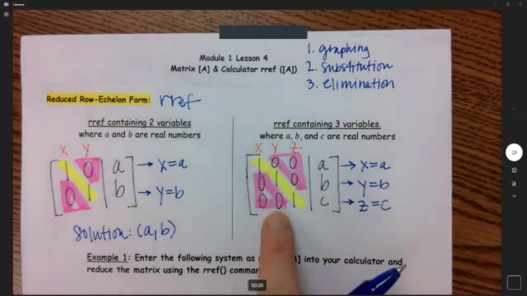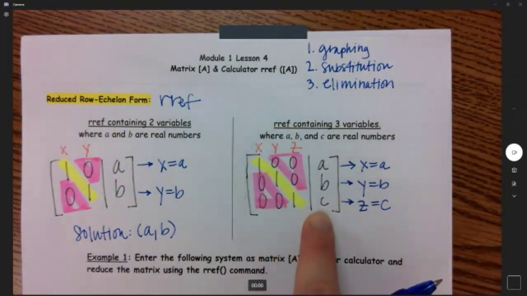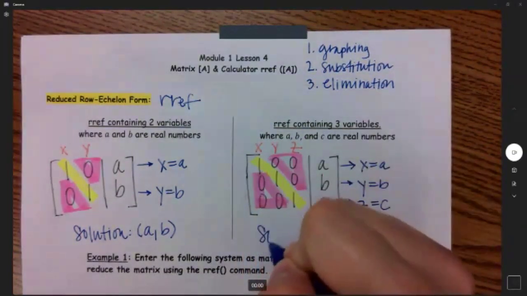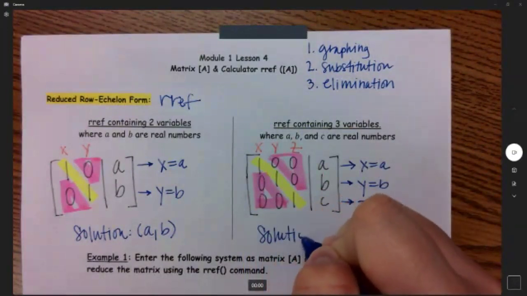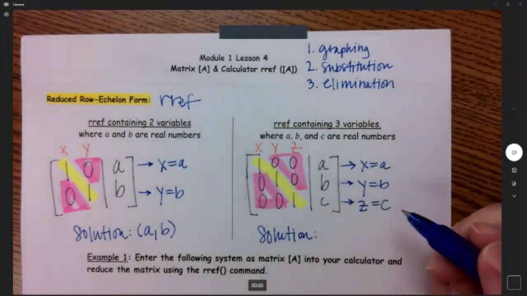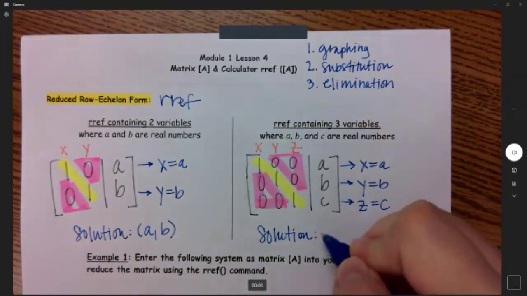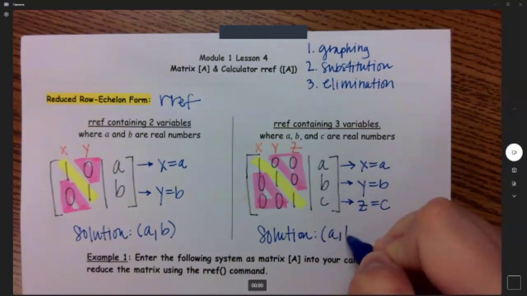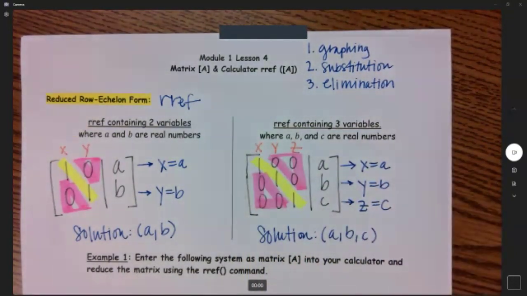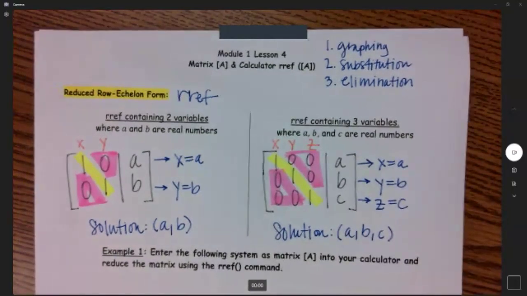We have no x, no y, but one z equals c. So now with 3 variables, my solution is in the form of x comma y comma z. And so my solution is a, b, c. So what's nice about this is there's no back substitution. It tells you exactly what all 2 or 3 of your variables equal.